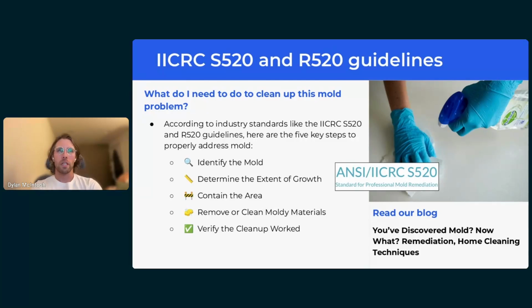They list out the 5 steps to address mold: identify that there is a mold problem, determine the extent of the growth, contain the area, remove or clean the materials, and verify that the cleanup has worked. We do have a blog on this topic as well. It's very similar content to what you'll see here, but you can check out the blog on our website too. These documents can be found online through IICRC's website.